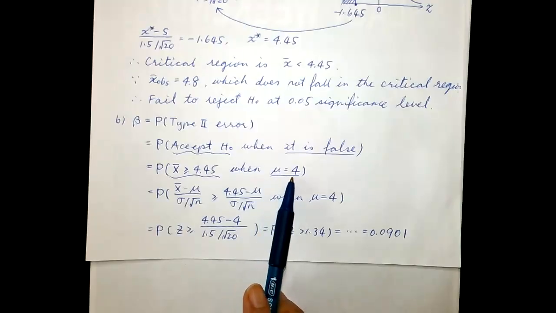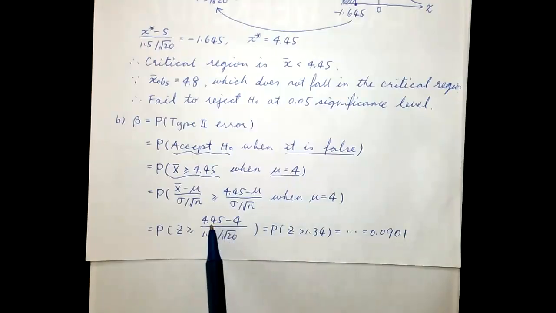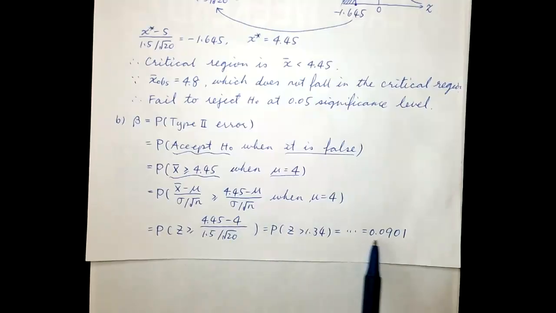Now, if you know mu, what's the whole point of testing mu? So this is just a proposed value. If you change this 4 into another value, I'm sure you can see the calculation. So dependent on this 4, the beta value will change. So this beta value is not as strict as alpha, but you don't want to make type 2 error too easily.